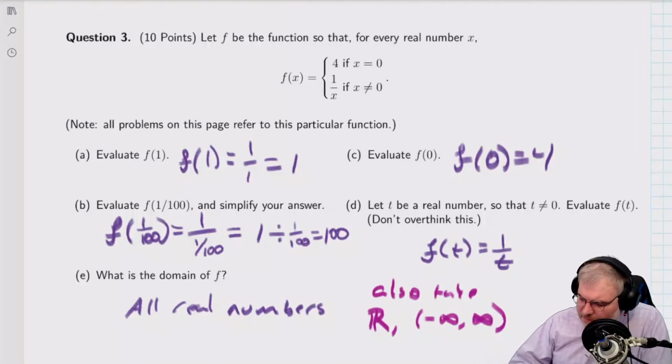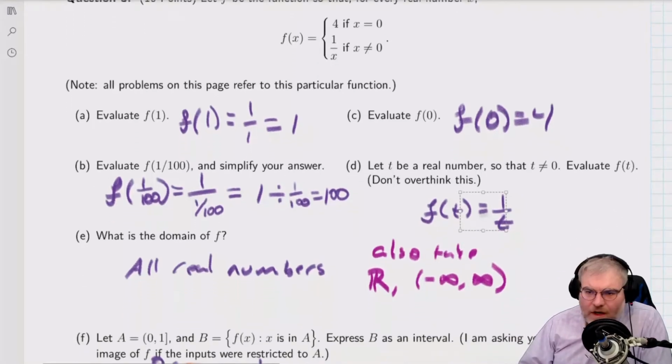If I plug in 0, I get 4, because x is 0. Here, however, I plug in 1 and get 1 over 1, because x does not equal 0. So I use the top one if x equals 0, and the bottom one if x does not equal 0.